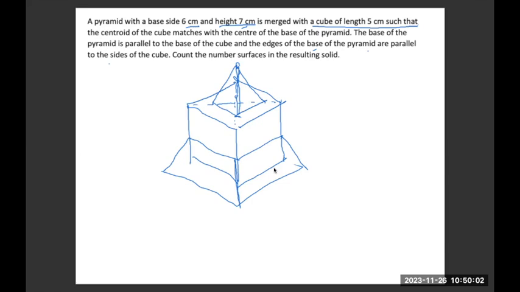The centroid of the cube matches with the base of the pyramid. So here the centroid of the cube should be somewhere around here. Yeah, so this should be the centroid of the cube and the base of the pyramid. Yeah, so I had drawn it wrong then.